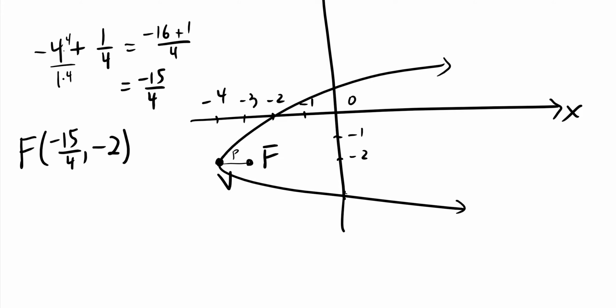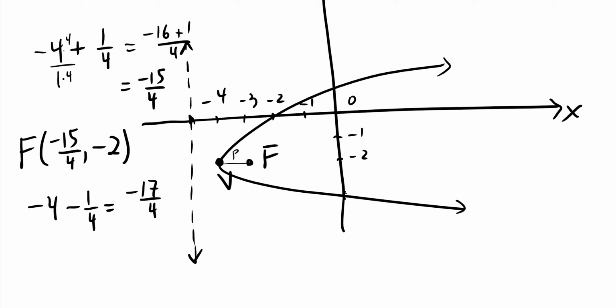Now, if you move to the left side, if you take -4 and subtract 1/4, you get -17/4, which is here. So this is the directrix. This is a p distance.